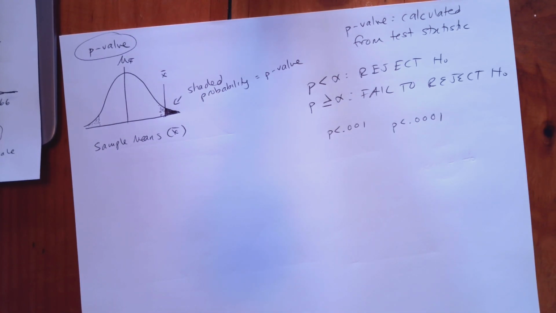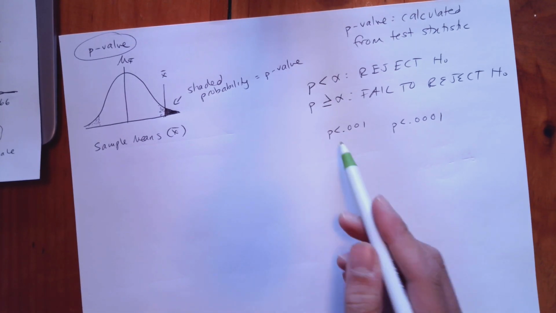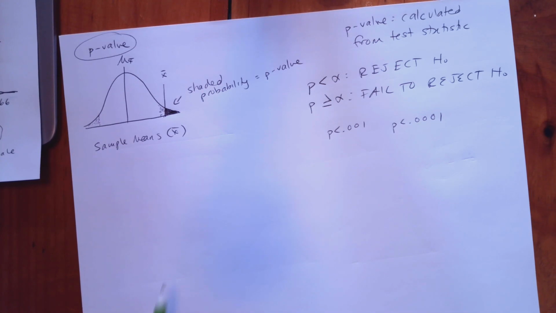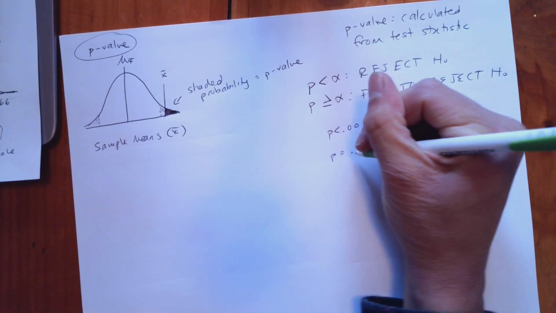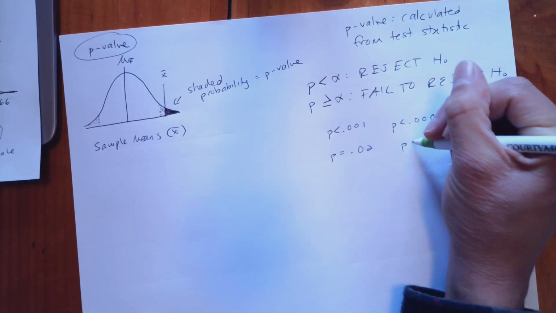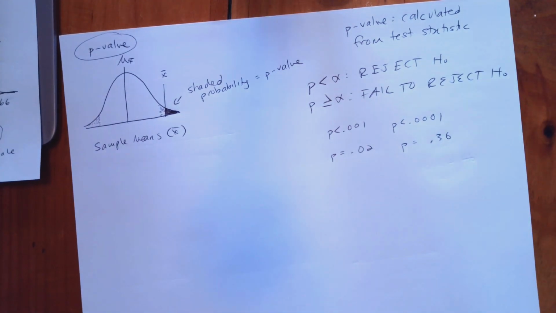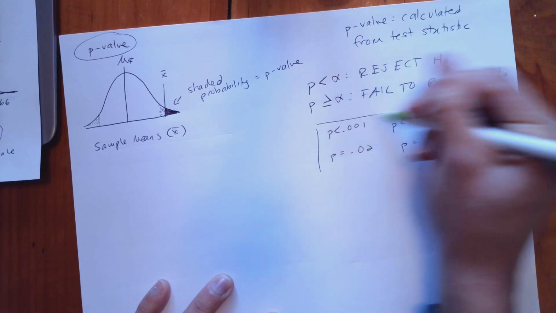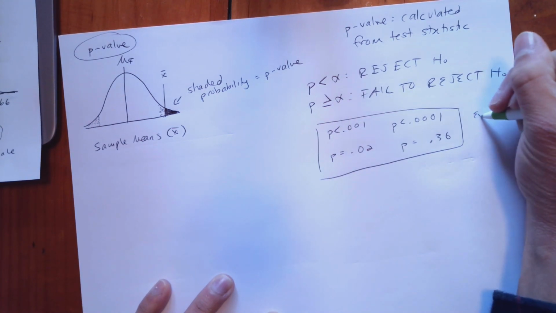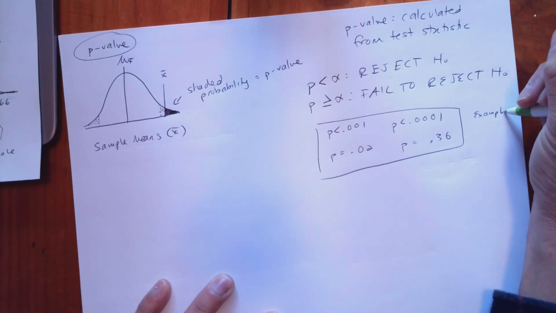Or it has calculated it, but it's not going to tell you. So you may see here in this class p-values that look like this, and those would just be p-values that are smaller than these numbers. Otherwise, it'll look like p is equal to 0.02 or p is equal to 0.36, whatever it happens to be. So these are examples of what p-values could look like.